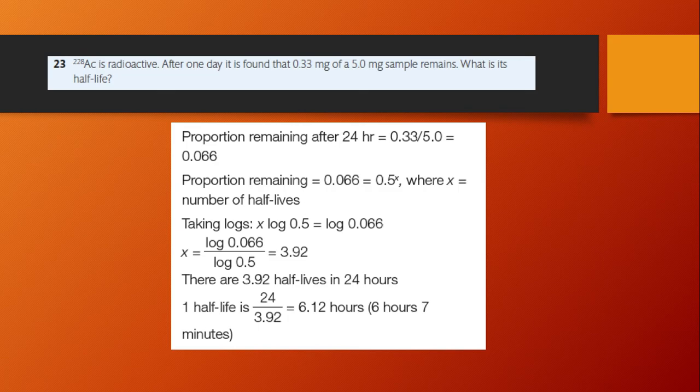So 3.92 half-lives in 24 hours. One half-life is 24 divided by 3.92, which equals 6.12 hours, which is about 6 hours and 7 minutes.